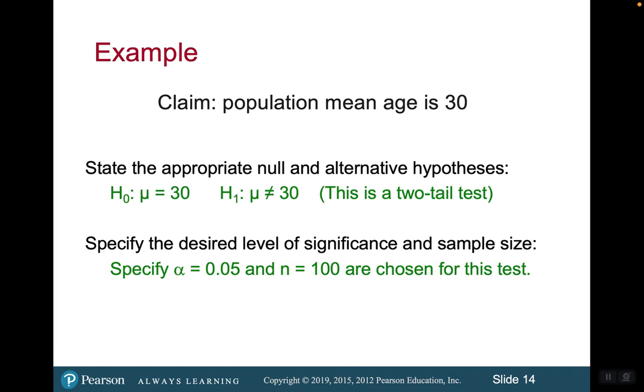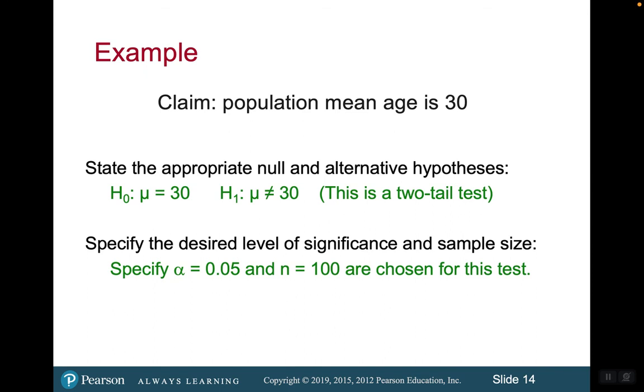We'll take an example here. We look at the theory, but then we look at the practical application. So we say there's a claim: the population mean age is 30. What we want to do is create a null and alternative hypothesis.